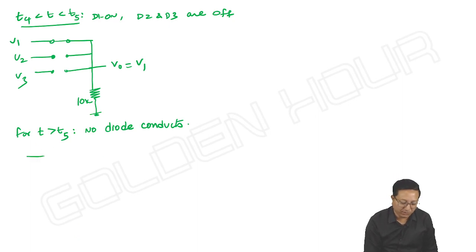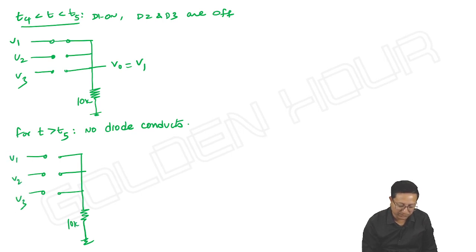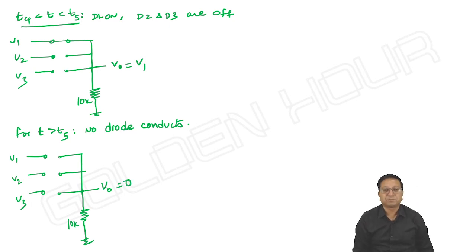All the diodes being off, V output is simply 0.